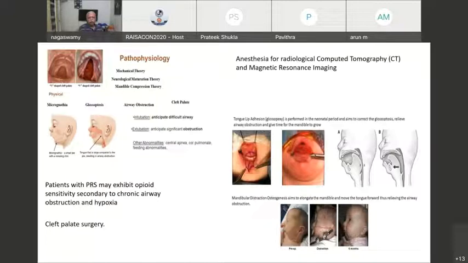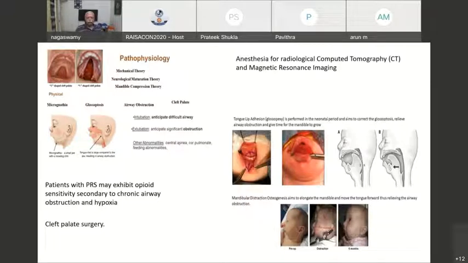But the most anticipated problem is with wide clefts when you repair and close them. They initially have some difficulty in breathing with the smaller nasopharyngeal air passage, so they may struggle in the initial phases. Many of the surgeons don't prefer using a nasopharyngeal airway because that may go through the suture line of the palatal flaps and disrupt it.